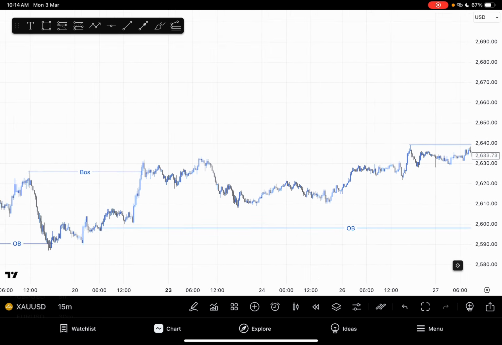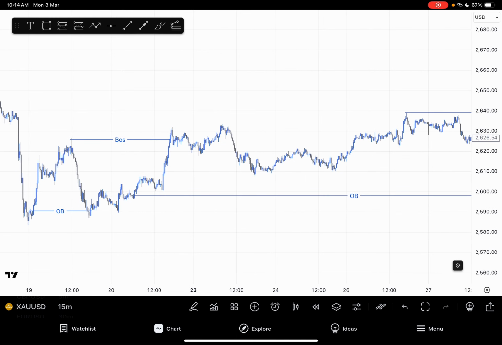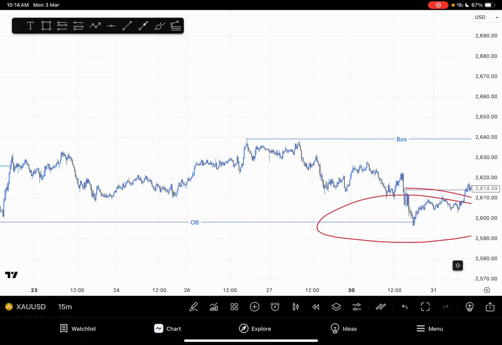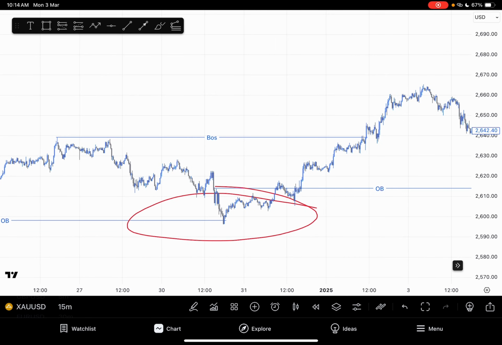And you see, the way you can always get the accumulation, manipulation, and distribution strategy pattern is mostly when the market closes at midnight, then the market opens, that's the beginning of the Asian session.